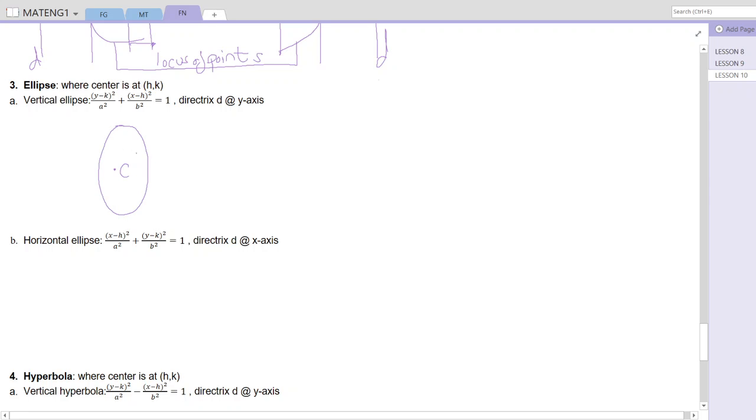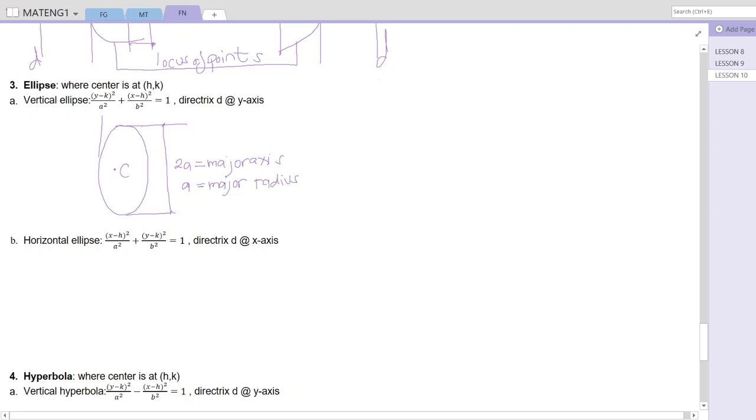That is 2a, that is the major axis. If that is divided by 2, that is a, which is called the major radius.